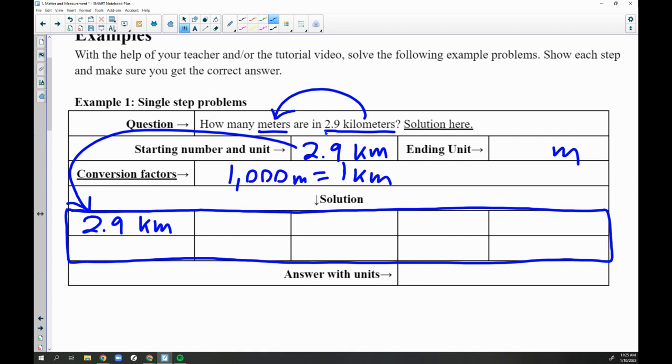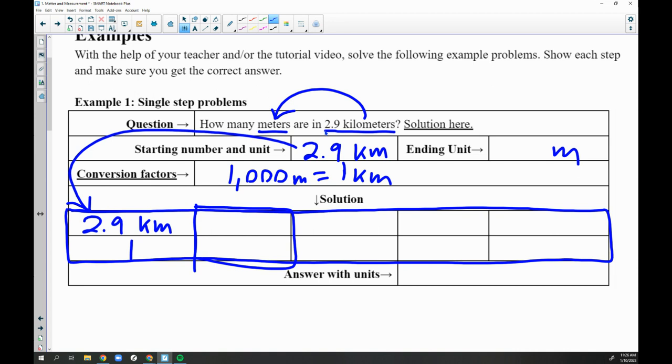If it makes you feel more comfortable, you can put a 1 here in the denominator position. Don't really have to do that. And we're going to multiply by our fraction right here. So we're going to have either 1,000 over 1 or 1 over 1,000. It could be either of those.